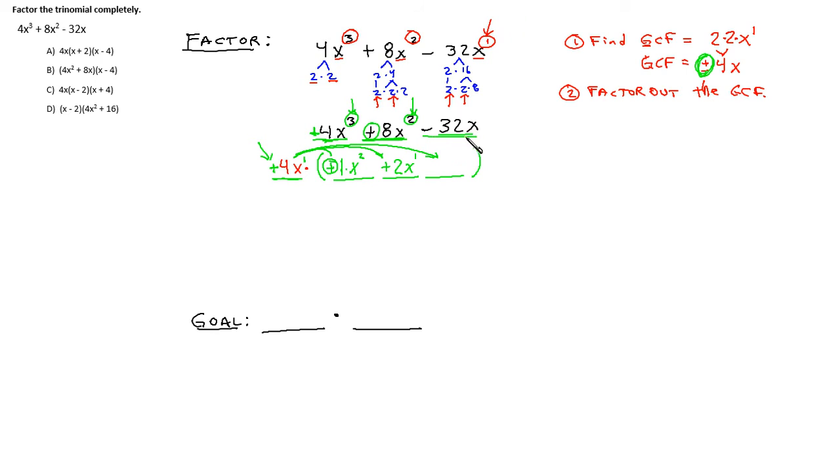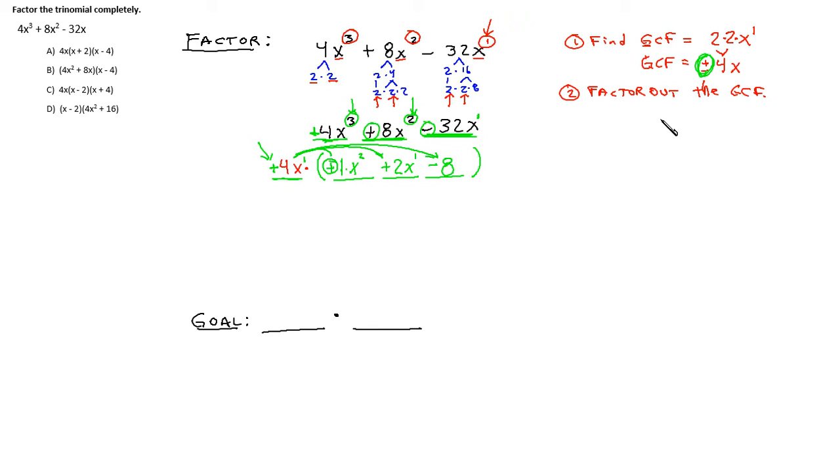Okay, now we're trying to make negative 32x come back. So positive times negative makes negative. 4 times 8 makes 32. And we don't need any more x's in this last blank because we have this x to the first already appearing in the GCF. Okay, great. We've now factored out the GCF.